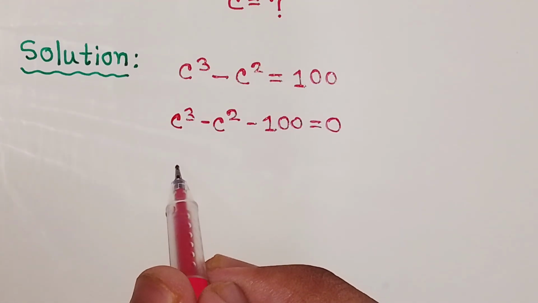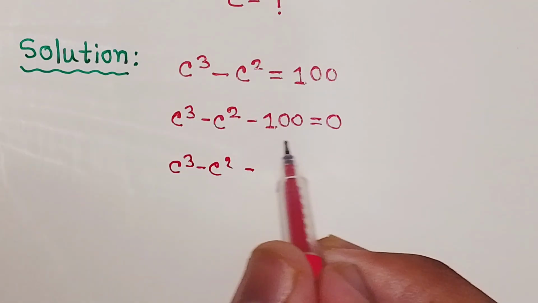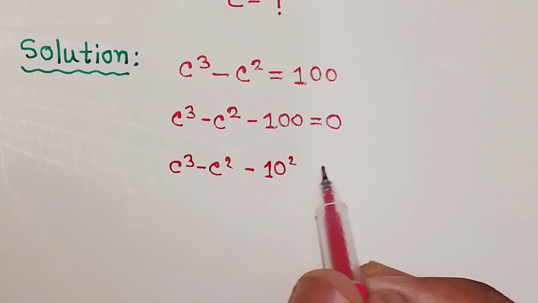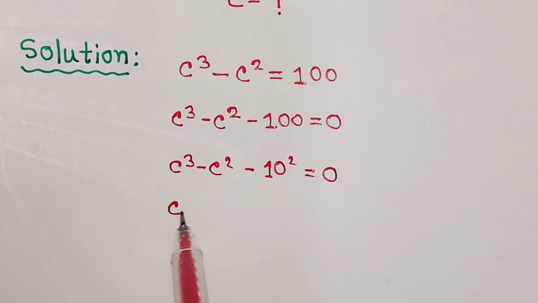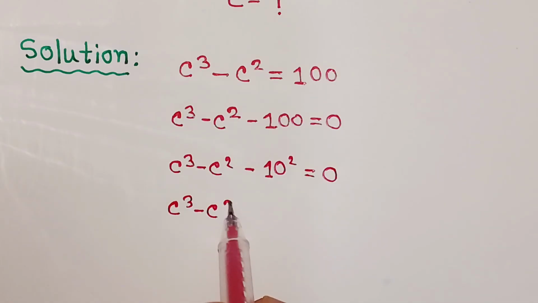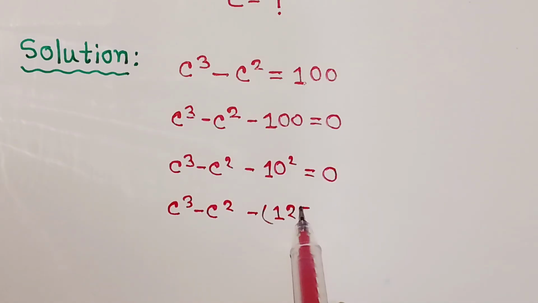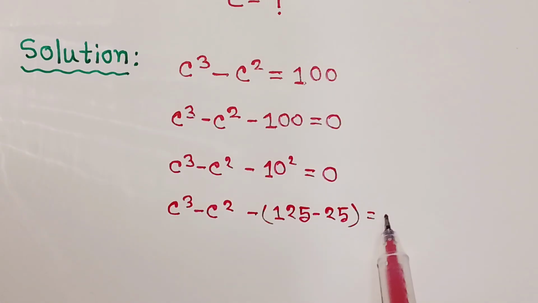After this we can write c cube minus c square, and we can write 10 square, because 10 square equals 100, equal 0. Then we can write c cube minus c square minus 125 plus 25, because if we subtract 125 from 25 then we get 100.